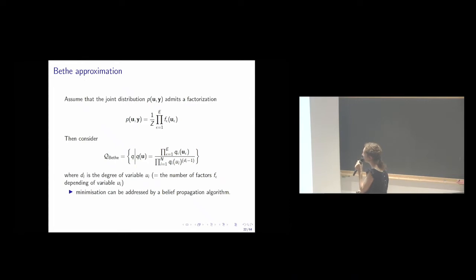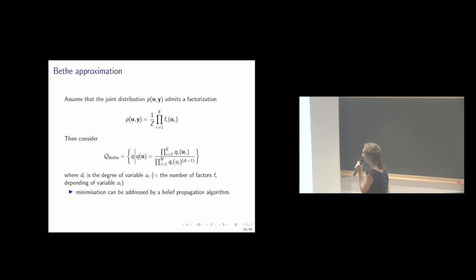Then if you have this particular formulation for your joint distribution, you can consider this particular factorization, in which you can recognize a similar factorization as in the prior model, the joint distribution.